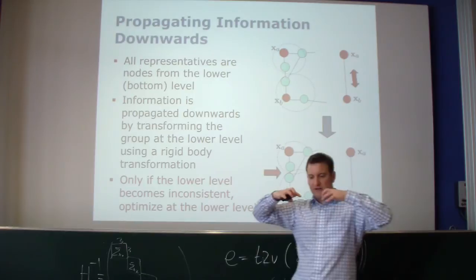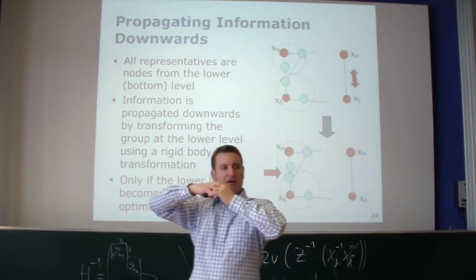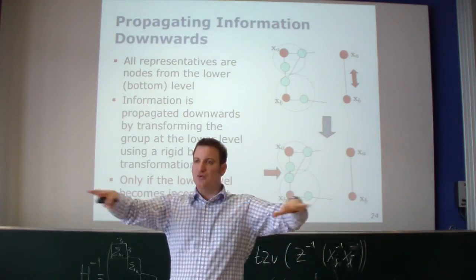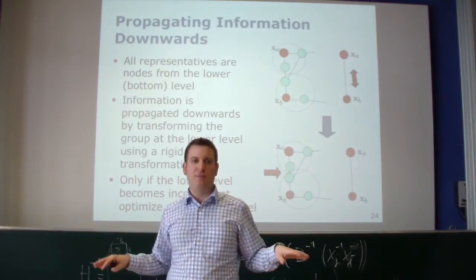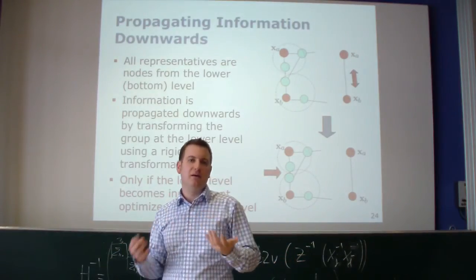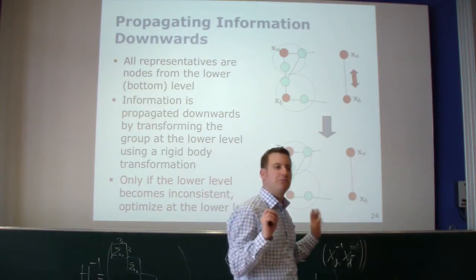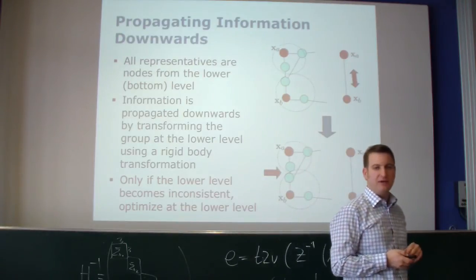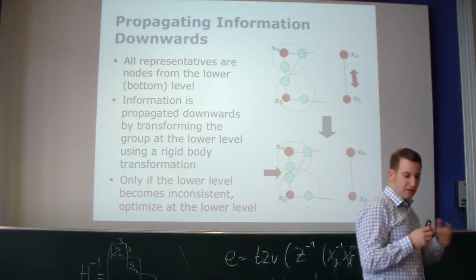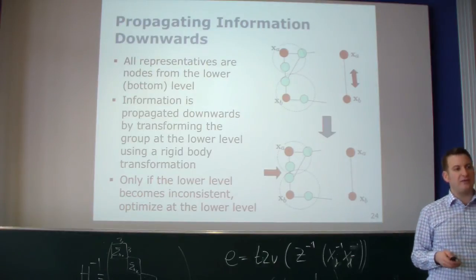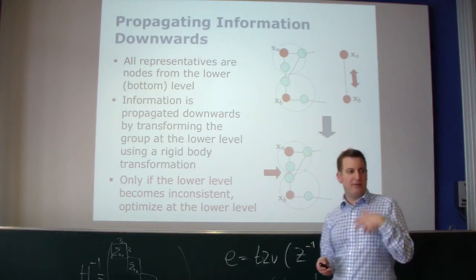If I move these two blocks into each other, maybe it's worth propagating the changes downward and optimizing. If the change is not too big, I may completely ignore that and say, I'm fine with the rough structure of the environment. So these are all the ingredients I need. I need to know how to build up this hierarchical graph, and I need to know how to propagate the information downwards.